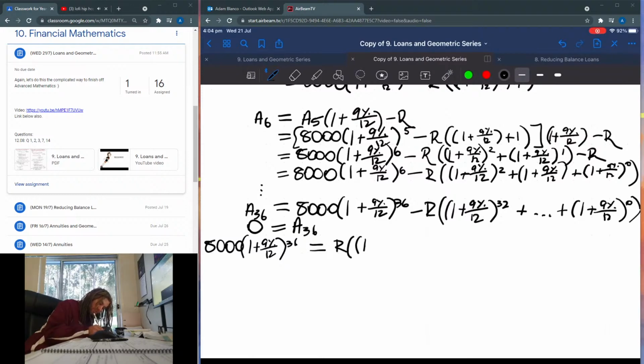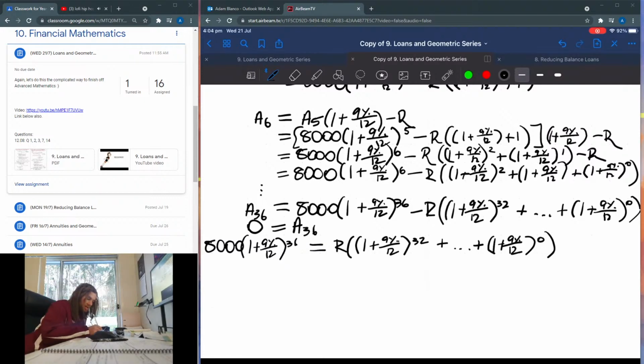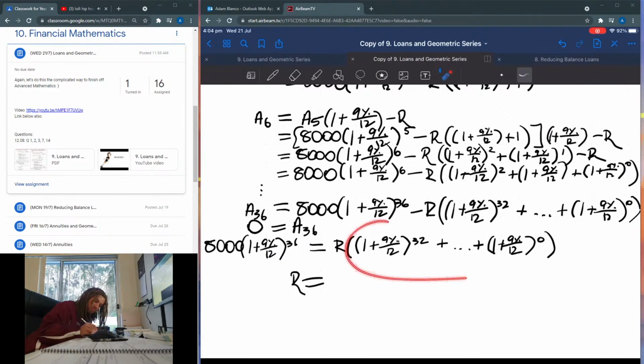I'm just trying to get R by itself, that's the whole point. And now, R by itself means I've got to divide by this.